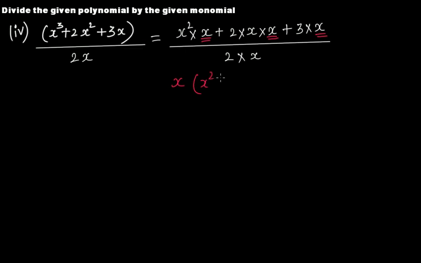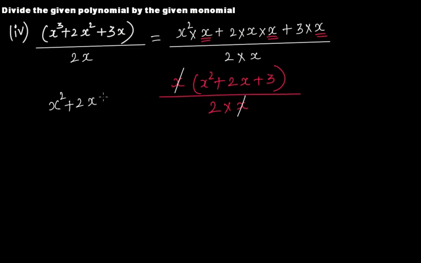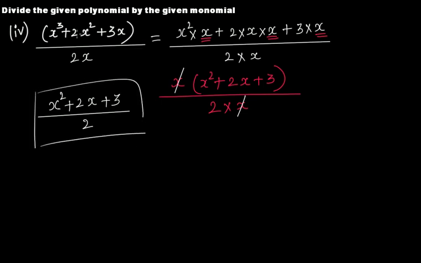This is x squared plus 2x plus 3, and this is divided by 2 multiplied by x, and this gets cancelled. So you have x squared plus 2x plus 3 divided by 2, right? So this is your answer for this division.